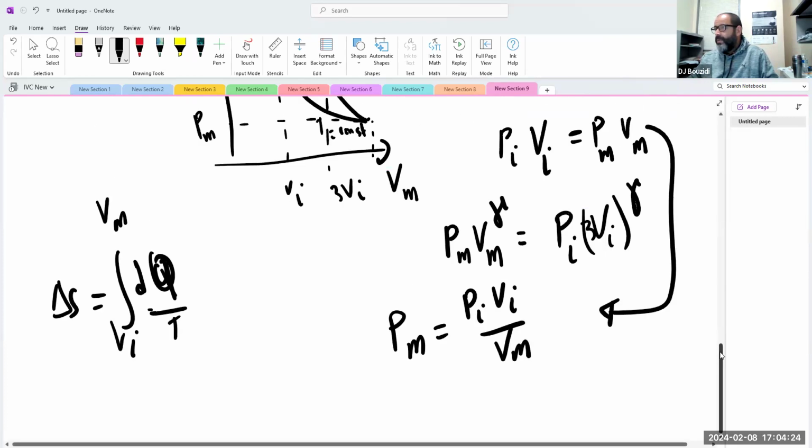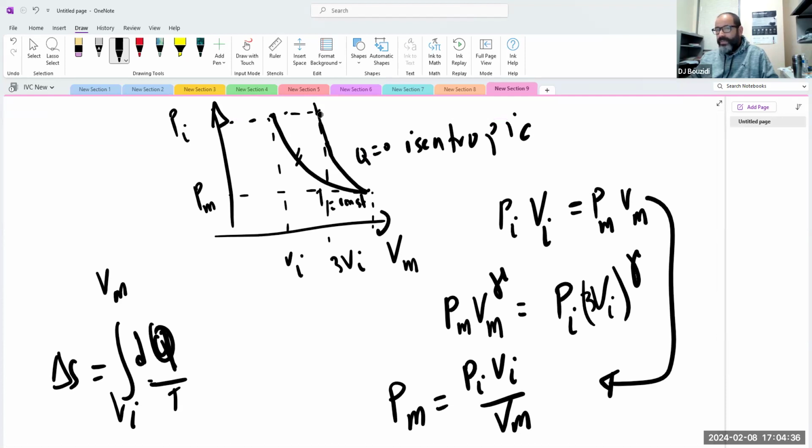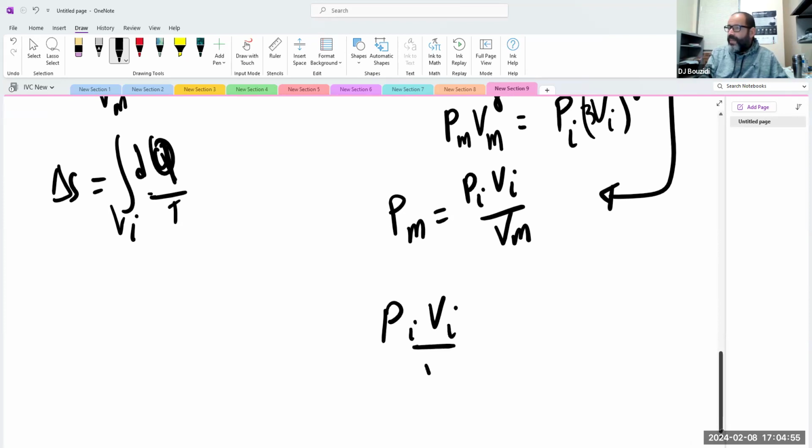This is the adiabatic process, given by the pressure at the middle point times the volume to the power gamma in the middle point, equal to the pressure at the end times the volume at the end, which is 3 times Vi, to the power gamma. Now, let's sub the value of PM, which is PiVi divided by Vm, times Vm to the power gamma.